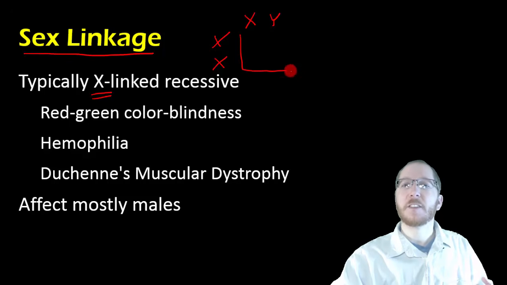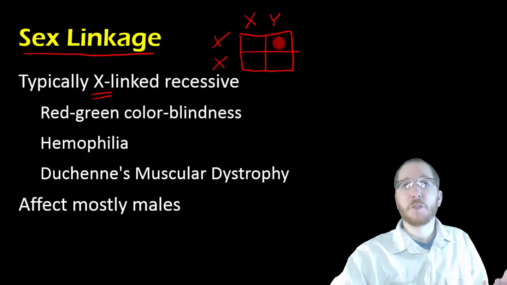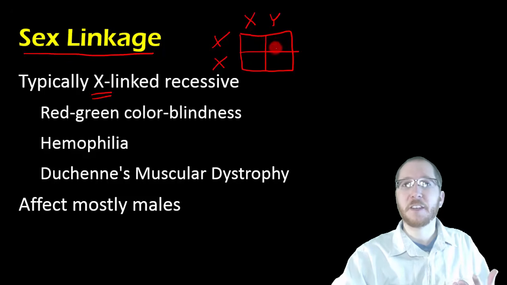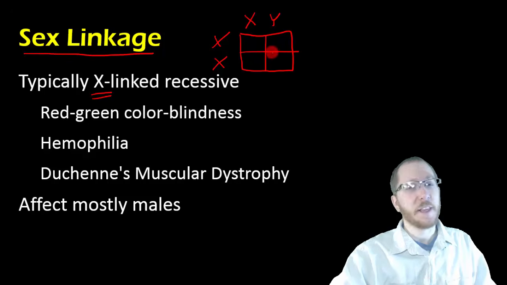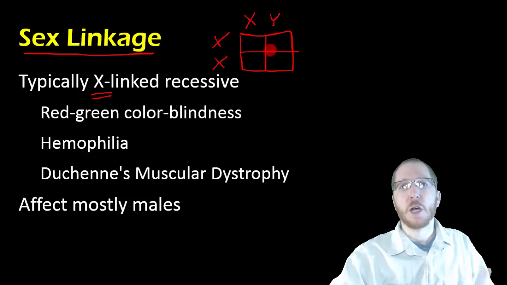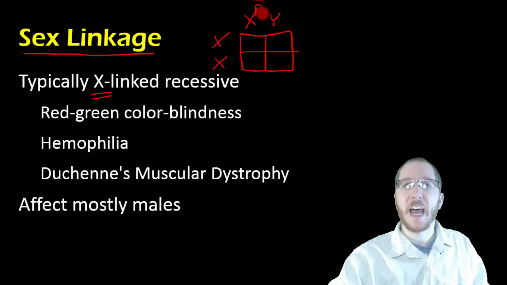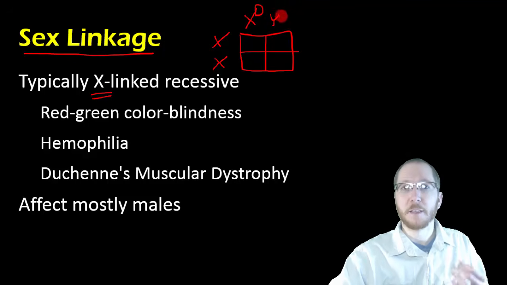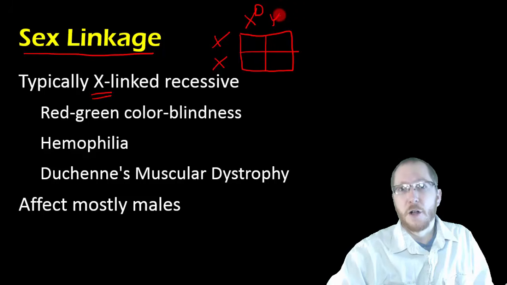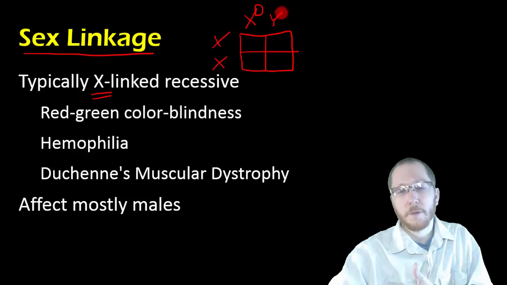So if we were to set this up, let's say for Duchenne's, a male would not be able to reproduce with Duchenne's because they'd be so affected by the time they got to reproductive age, they would not be capable of reproduction. So we can assume that the male is going to have the dominant healthy allele, and then the Y chromosome gets nothing because it doesn't carry an allele for Duchenne's at all, good or bad, normal or affected.